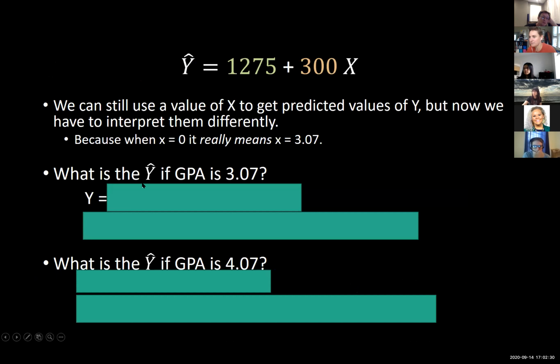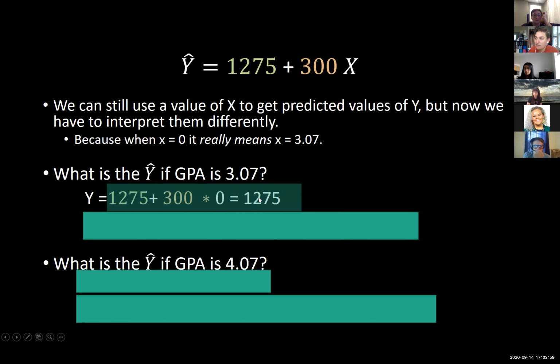Okay. So what's the predicted Y if GPA equals 3.07? In order to figure that out, we have to think about plugging in for the X value. We have to plug in a specific number for this X value that represents when GPA equals 3.07.